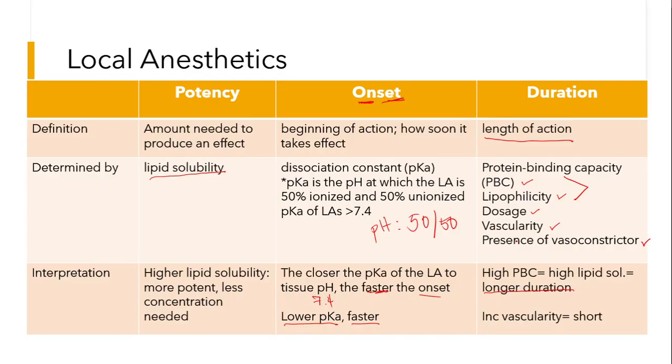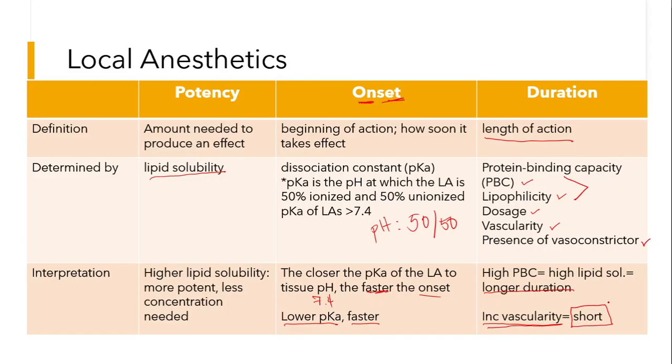Now, vascularity, on the other hand, this is the reverse. Okay. If the area where you injected the local anesthetic is highly vascularized, meaning there's a lot of blood vessels around the area, then that would make the duration of your local anesthetic short. Why?